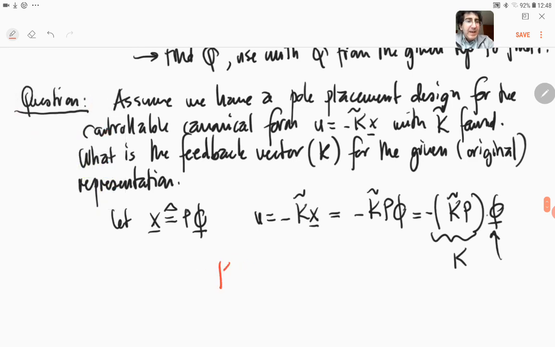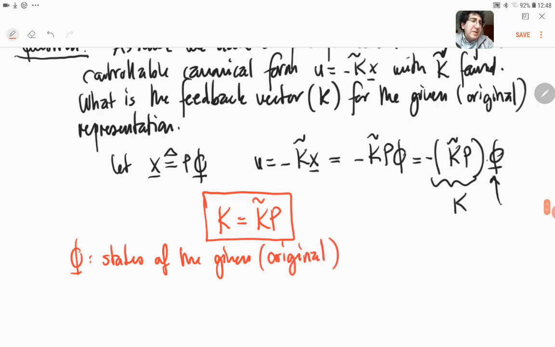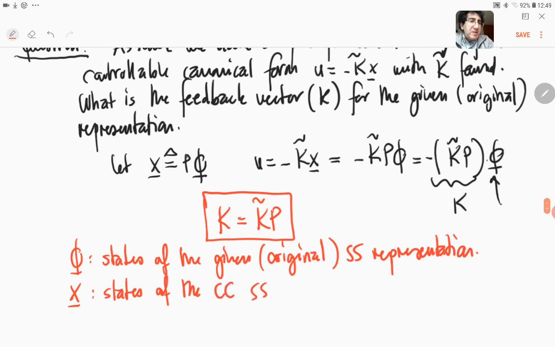So K, the feedback coefficients for the original system, can be calculated from the canonical form K tilde by using the transformation matrix P. Here remember, phi are the states of the given, we sometimes call this the original, state space representation, and x are the states of the controllable canonical state space representation.